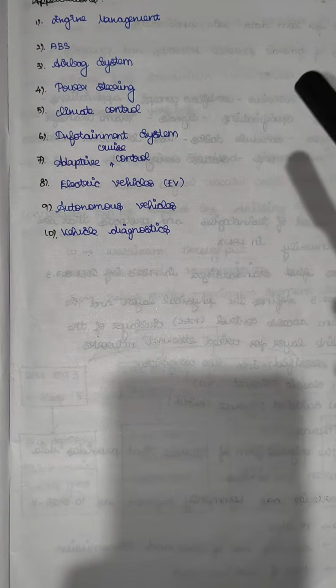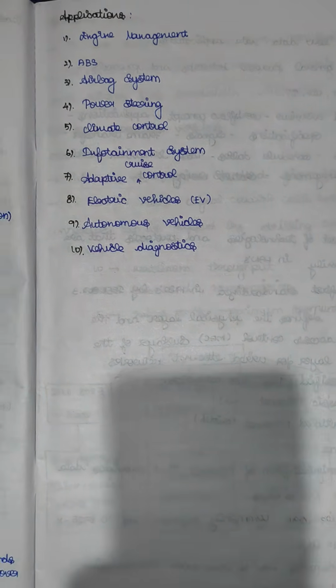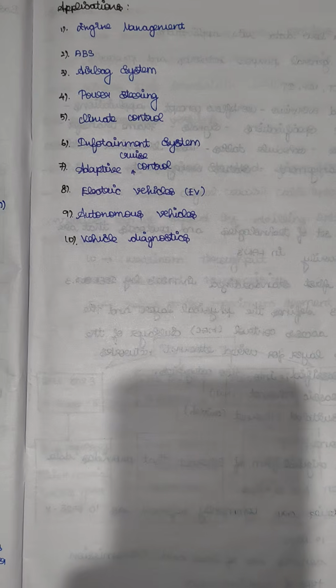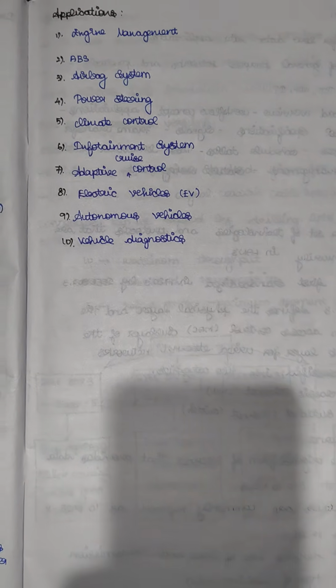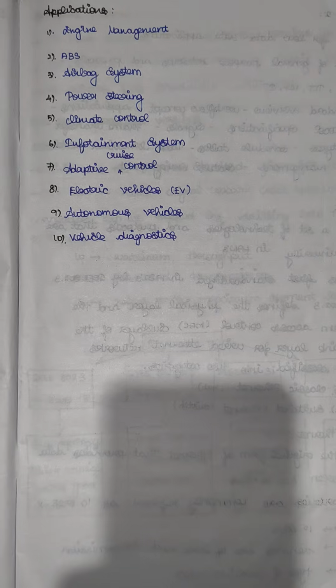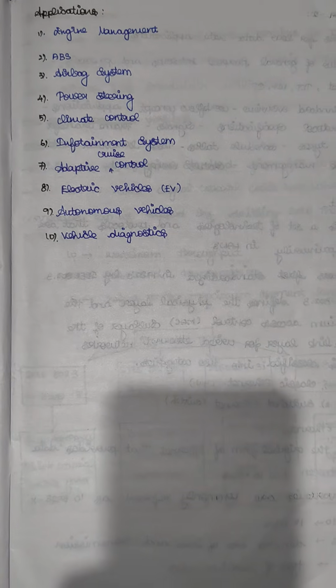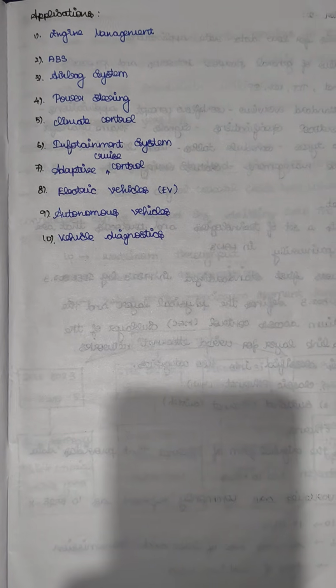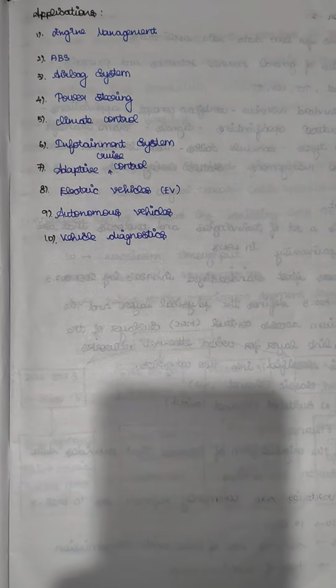These vehicles require communication between sensors, ECUs, ADAS systems, and other vehicle components. And finally, it supports vehicle diagnostics, which allows faults and system conditions to be monitored. So from engine control and braking to infotainment, electric vehicles, autonomous vehicles, and diagnostics, communication networks are now fundamental to modern automobiles.